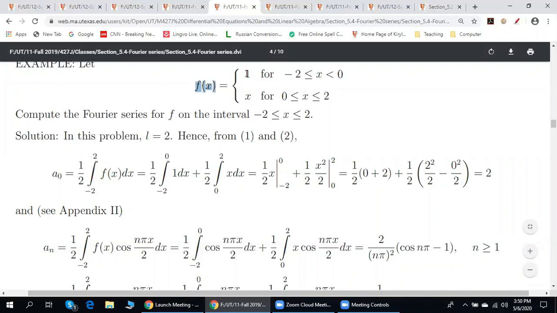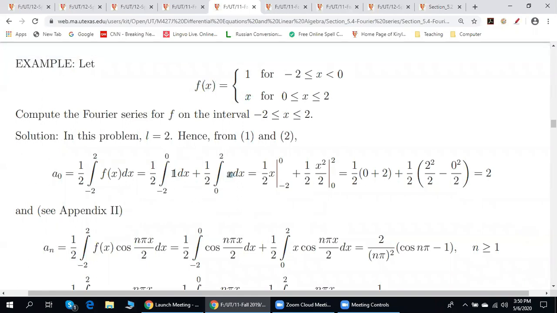Our function is equal to 1 over this interval. Here's 1. And our function is equal to x over this interval. Here's x. By calculus 1, the antiderivative of 1 is x, the antiderivative of x is x squared over 2.